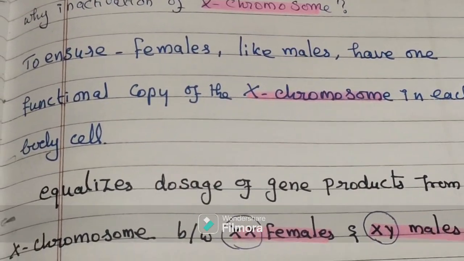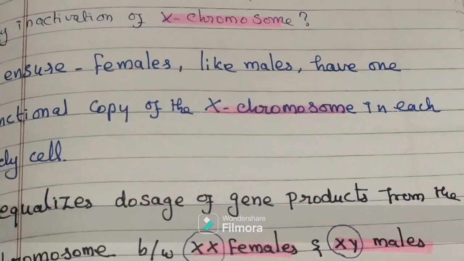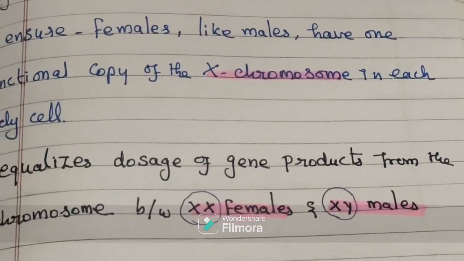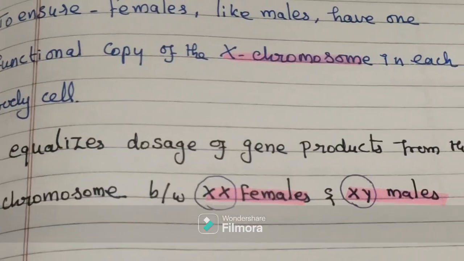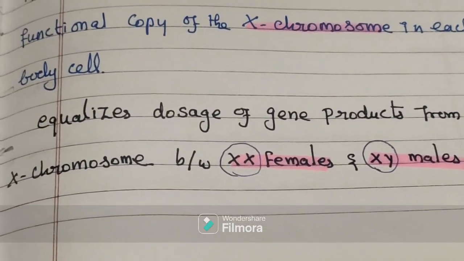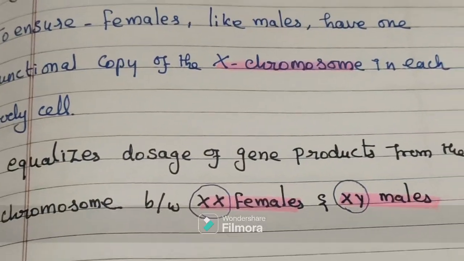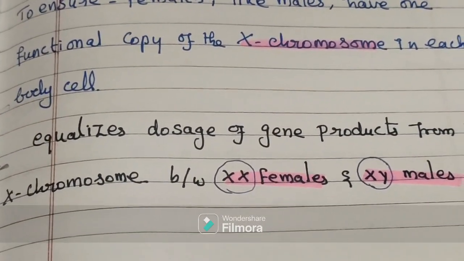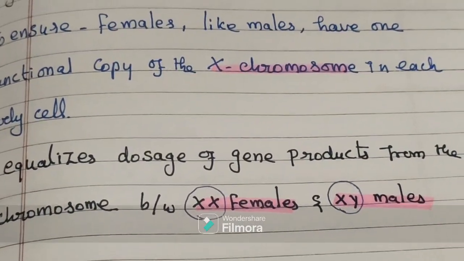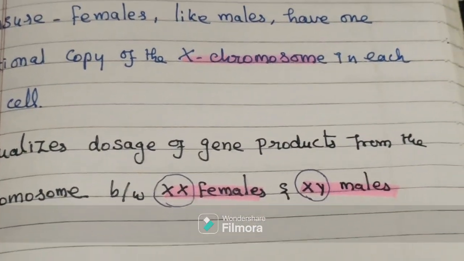This is to equalize the dosage of gene product from the X chromosome between XX female and XY male.